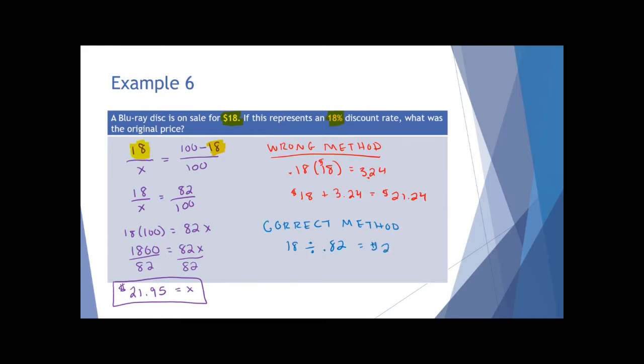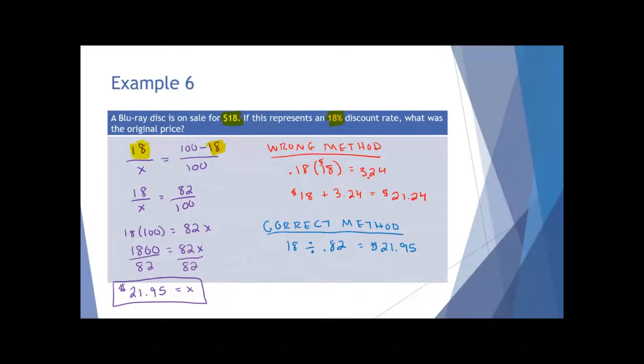Whoops, put my decimal in the wrong spot. So you'd have to figure out 100 minus 18 to get the 82%, and then you'd be dividing to undo it, because to get the sales price, you multiply by the percent. So you divide to undo it.